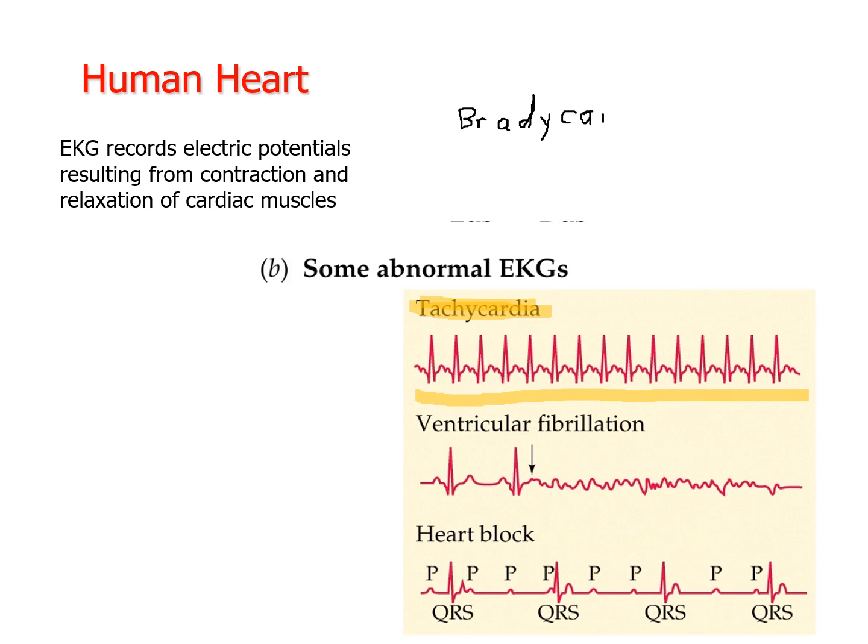But bradycardia is not that uncommon in people, especially highly trained athletes who do aerobic sports like longer distance running, cross-country skiing, things like that, longer distance swimming. They'll often have a slower heart rate.